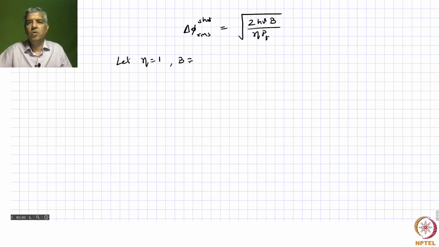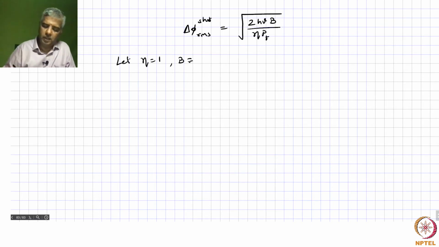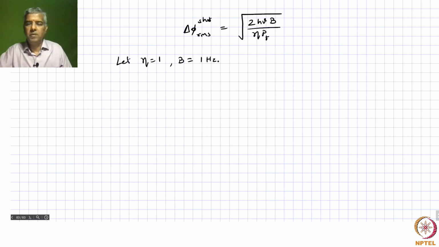Because of that, we can assume the bandwidth to be in the order of 1 hertz. You may not even need 1 hertz, because the rate at which you are changing is so slow, but you are happy with getting a rotation value every 1 second, right? So let's say B equals 1 hertz.